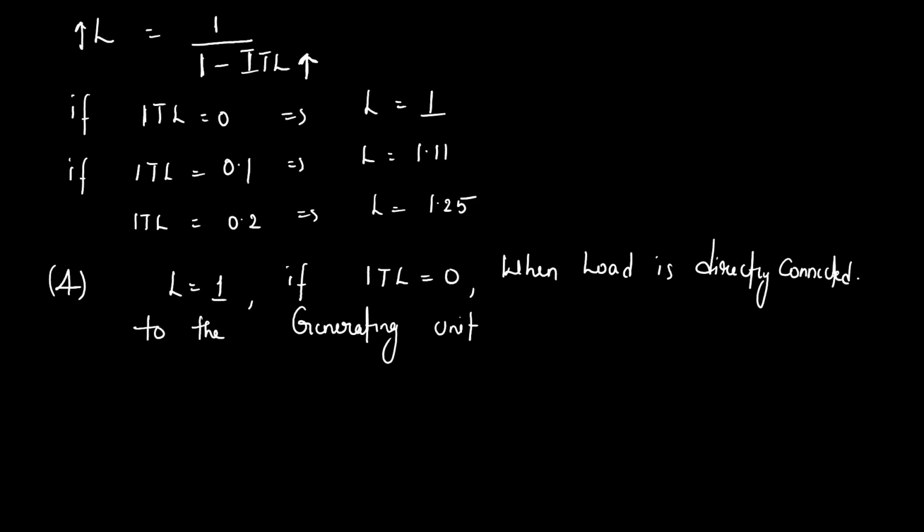Then the incremental transmission loss would be 0 and the penalty factor would be 1. Like this, this is a situation where the generator is there and only load is connected. Whatever you generate will be fed to the load. Your losses are 0, so in this case the incremental transmission loss is 0 divided by P.